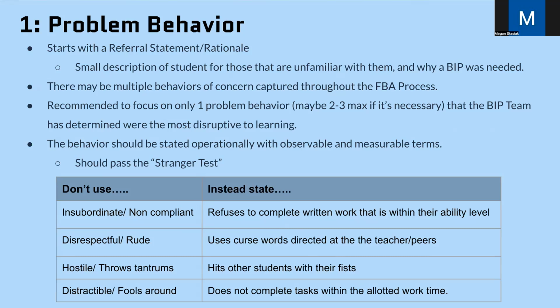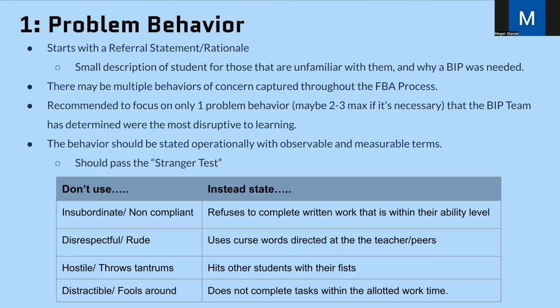In this table, I have a couple of examples. The left column are words that are just too vague and could literally mean anything. Some examples of things you might state instead are on the right. A big one I see is a student is disrespectful or rude, but that could look like many different things.